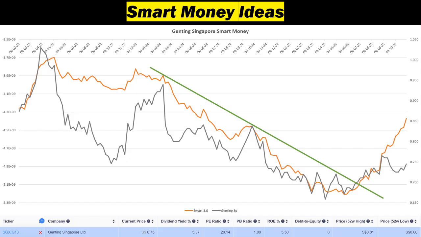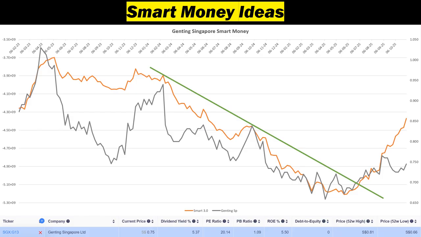One way is, of course, using a technical analysis method, which is the breakout of trend lines. The green line you see here is made by linking the two recent high points of the orange line, which is the smart money chart, and then projecting it downward.